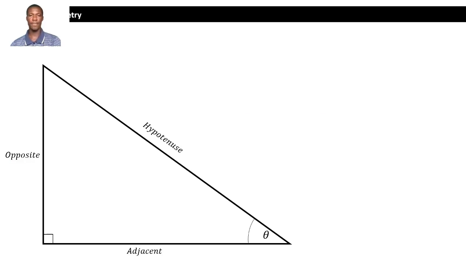Okay, so we have learned that for a right angle triangle, if you take the angle here, the side opposite the angle divided by the hypotenuse will give us a ratio which we call trigonometric ratio.